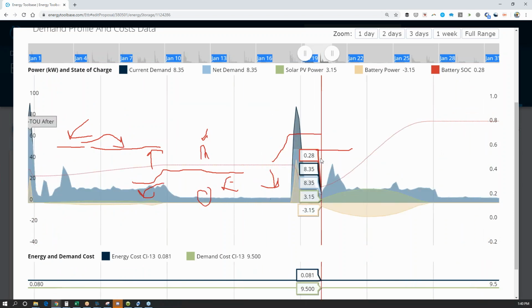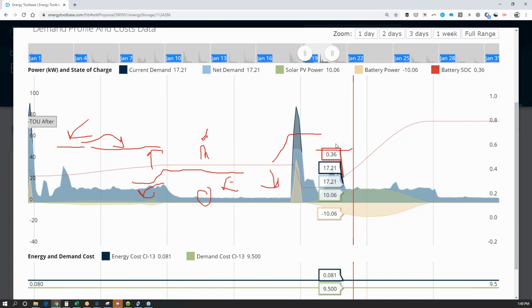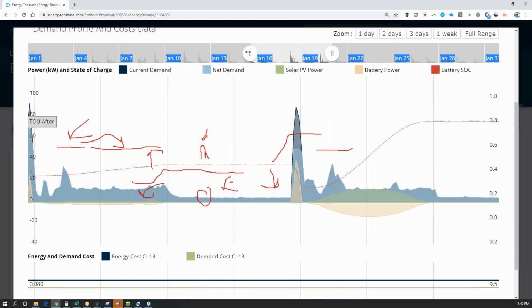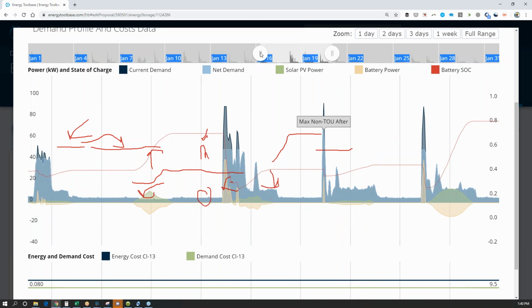Here we go, the red line is showing that at 80%. And so going into the day of the worst bill, because of the solar production being poor and the battery use being required, the battery is only going into the worst day at a 43% state of charge.